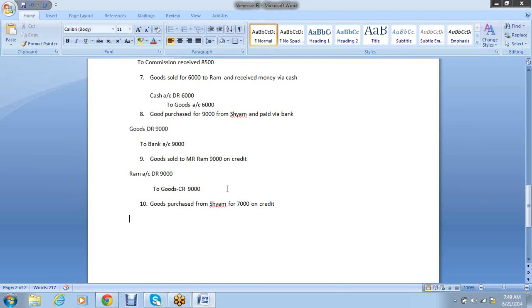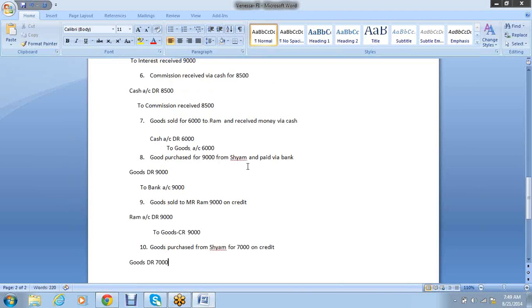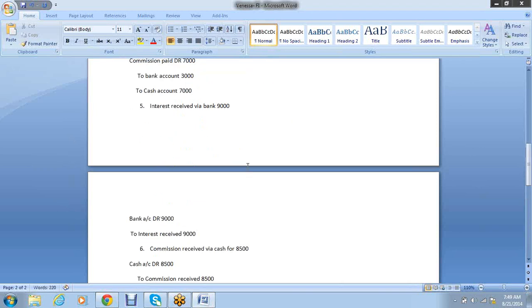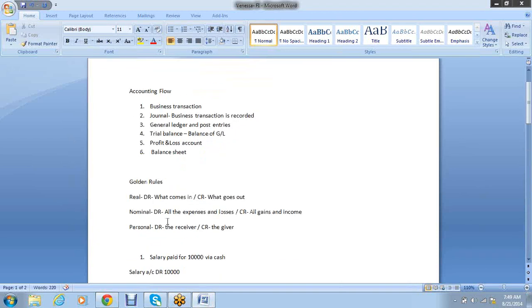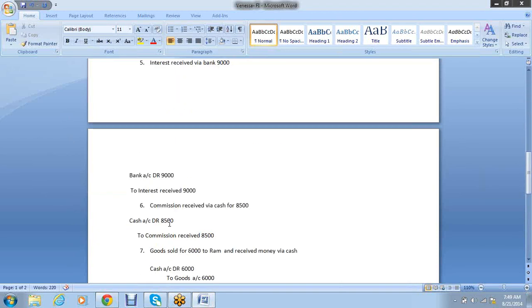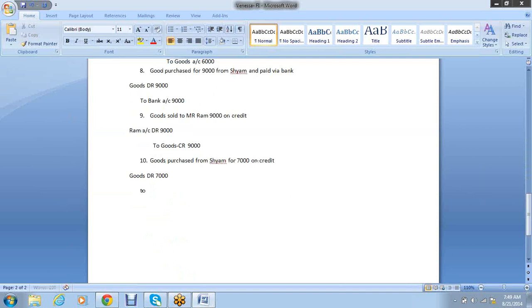What is coming in? Goods from Sham, so the goods account is debited. Why is it debited? Because the goods are coming in, so it is a real account. What comes in, debit. And Sham's account, why is it credited? It's on credit, so we need to pay him back.